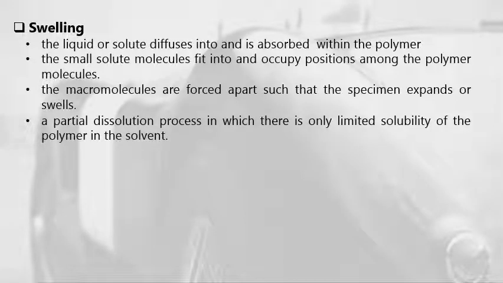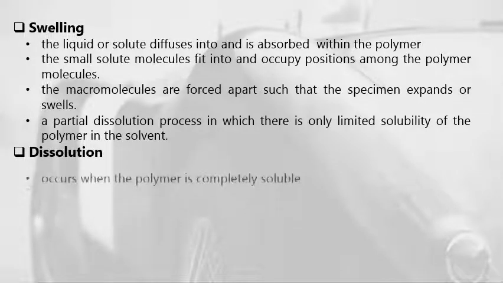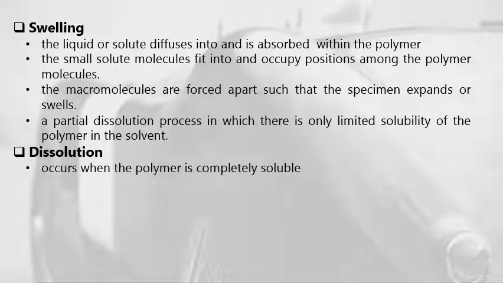It is a partial dissolution process in which there is only limited solubility of the polymer in the solvent. Dissolution, on the other hand, is when the polymer becomes completely soluble, maybe because it is already melted or it is already dissolved into the solvent. This is just a continuation of swelling.